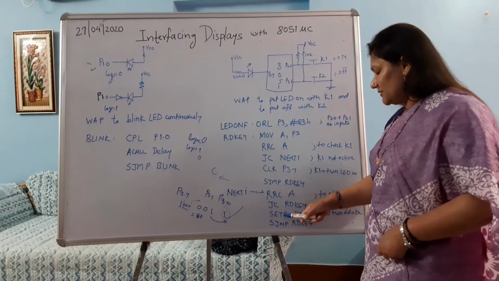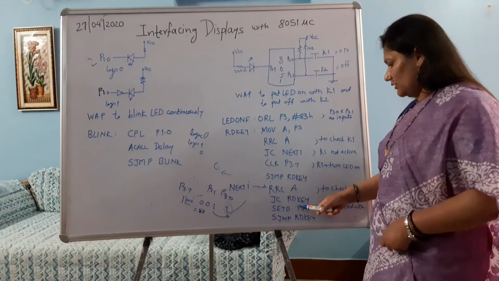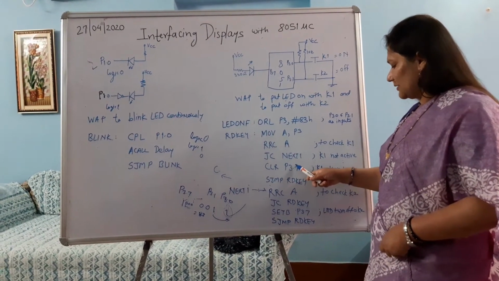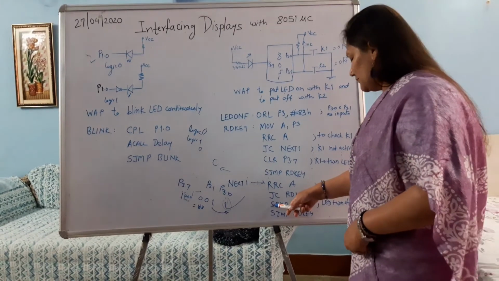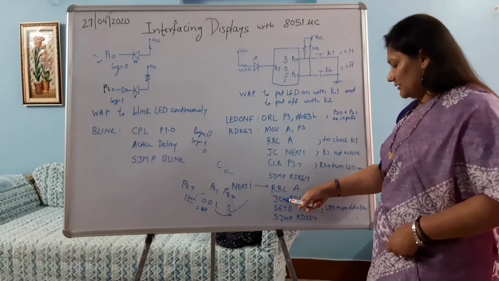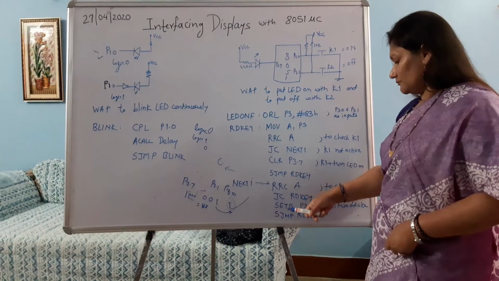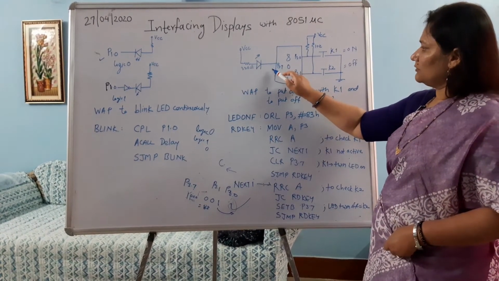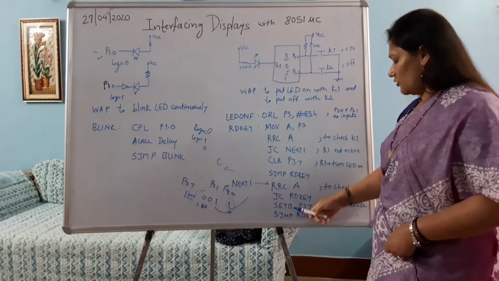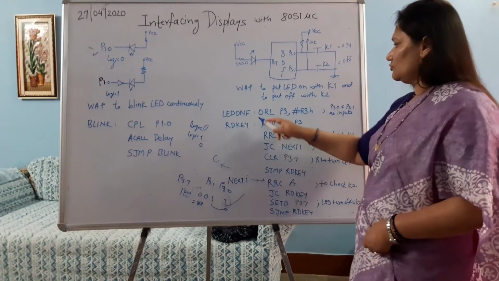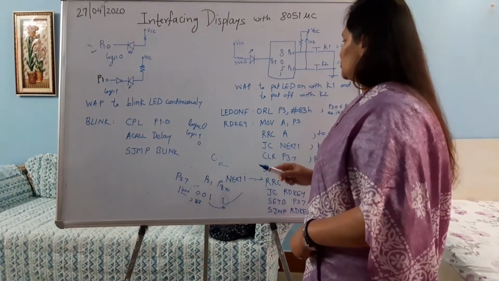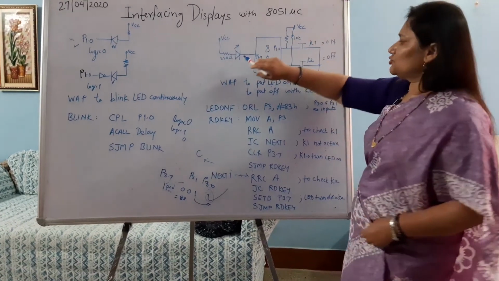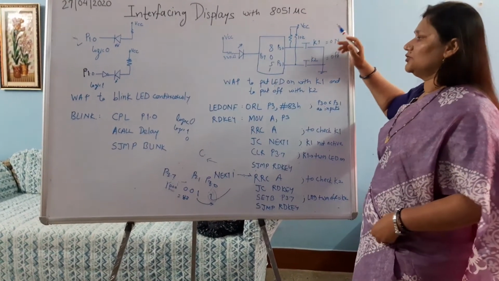So by the SETB instruction we will make it 1, and by the clear instruction we will make it 0. So if we find K2 pressed, we set the bit to 1. Setting the bit to 1 will put the LED off, and again we are jumping to read the key status.